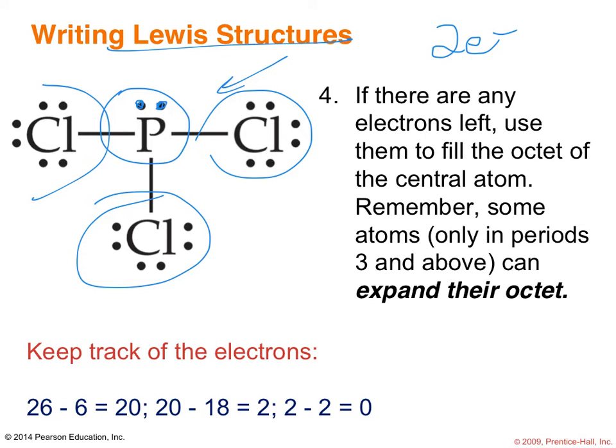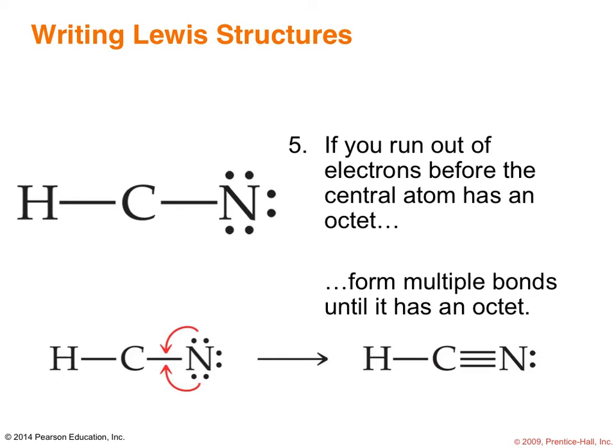There are some cases where when you finish step 4, the central atom will not have an octet, and we'll talk about what to do when that happens. So let's look at HCN. If we count valence electrons, there are 10 valence electrons that we had to place. We go through step 1 through 4, and we've used all 10. They're all used up. Then you ask yourself, do each of the atoms have a full outer shell or an octet?